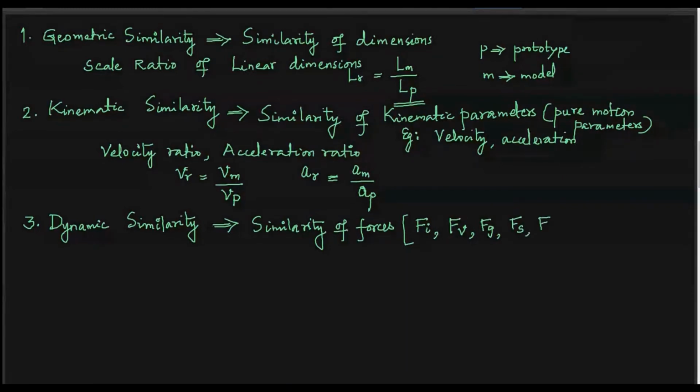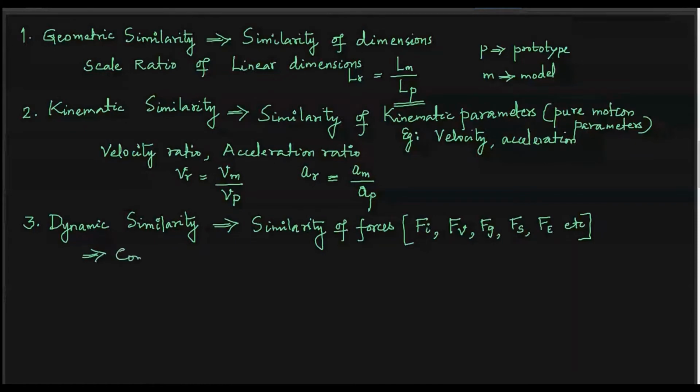These are the forces we considered for obtaining non-dimensional numbers like the Reynolds number, Mach number, etc. So when you consider similarity of forces, that is called dynamic similarity between the model and the prototype.